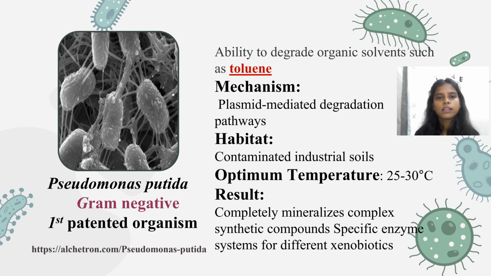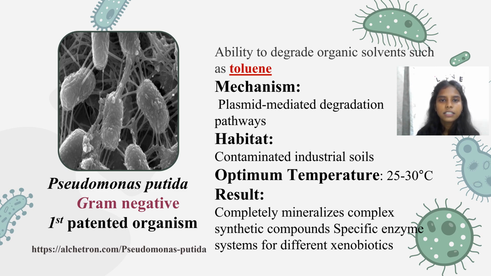The next microorganism we are discussing is Pseudomonas putida, which is a gram-negative bacterium that has the distinction of being the first organism to be patented for its bioremediation capabilities. One of its key abilities is degrading organic solvents like toluene. The mechanism behind this lies in Pseudomonas putida's plasmid-mediated degradation pathway.